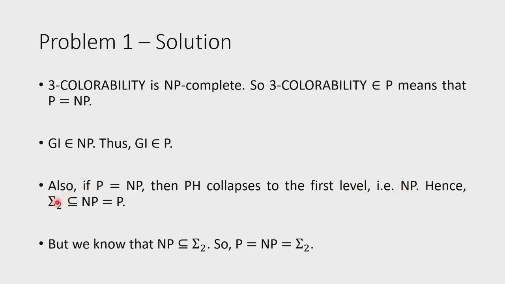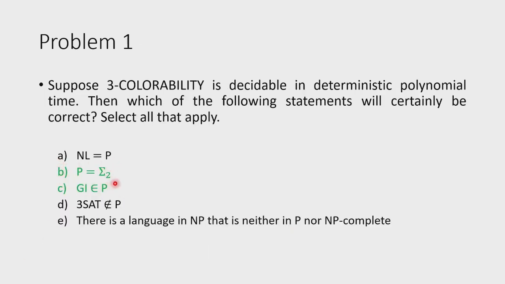Now we know that sigma 2 is contained in PH, so sigma 2 is contained in NP because PH has collapsed to NP, and NP is just P, so sigma 2 is in P. But we also know that NP is in sigma 2, so this gives us P is in sigma 2. So sigma 2 is in P and P is in sigma 2, and so P and sigma 2 are the same. So that tells us that this option is also correct.